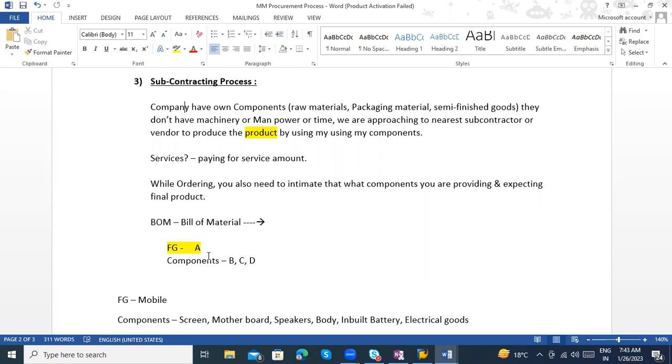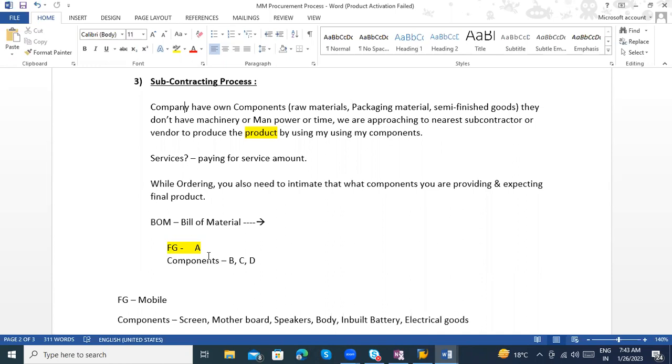I am providing these components and informing the subcontractor to prepare the final product using them. So here we are paying for job work. We pay the service charge they charge for the subcontracting process. We are not paying for the entire cost of the product, because he is giving only services.